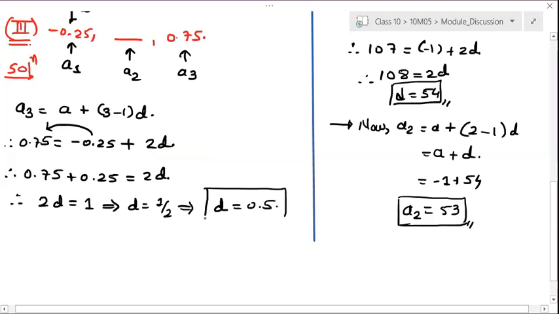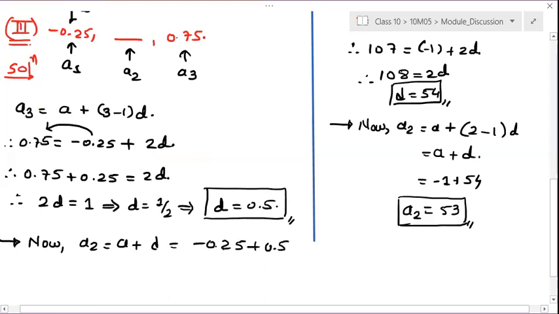Okay. Now what we want is A2. So A2 is equal to A plus D. A is minus 0.25 plus D is 0.5. Now 0.5 minus 0.25, we will get plus 0.25.